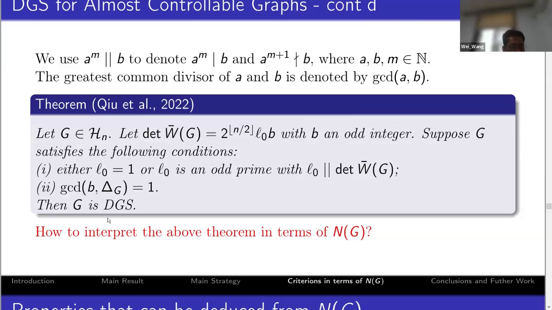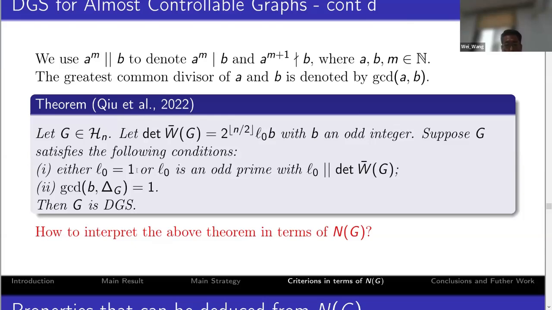So the question now is how to interpret the above theorem in terms of NG, because we only know the information of the walk numbers of length up to 2n minus 2. So we know the information with NG. Then how can we obtain a theorem like this?